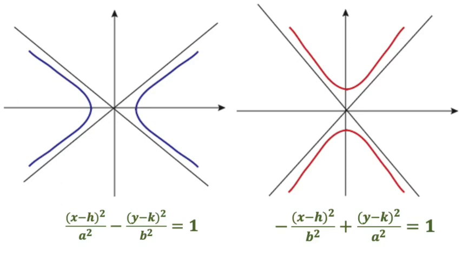All right, 2 more really important things then to talk about. We have this vocabulary word called the transverse axis. The transverse axis of a hyperbola is the axis that connects the 2 vertices. So whether we're facing left, right, up, or down, the transverse axis always connects the 2 vertices.